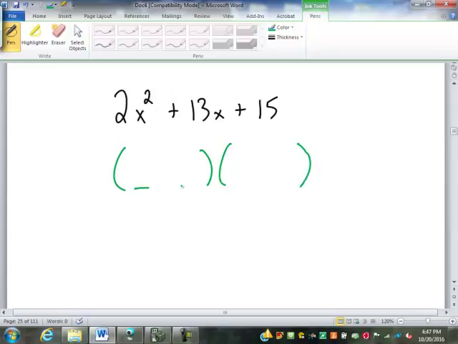So remember, this first one has to multiply to make this first piece. So what do those have to be? 2x and x. The last two have to multiply to make 15. Now it's a positive 15, which means they're either both positive or both negative. So I can do 1 times 15 or 3 times 5. Or negative 1 times negative 15 and negative 3 times negative 5. Which one do you want to try? 3 and 5?